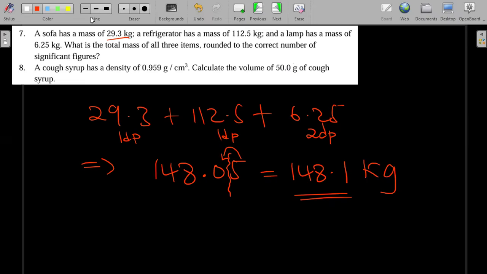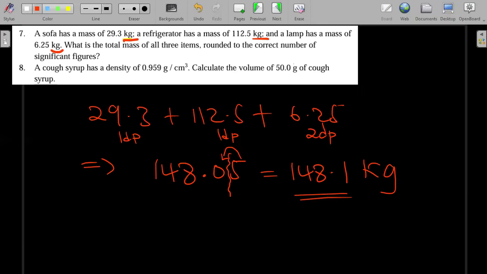The secret here is making sure that the different masses you are adding have the same units. This is kg, this is kg, this is kg, so we have no problem there. But in most cases, they will give you quantities in different units. You can't add quantities unless they are in the same units.